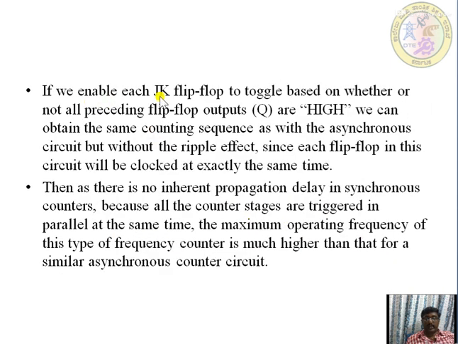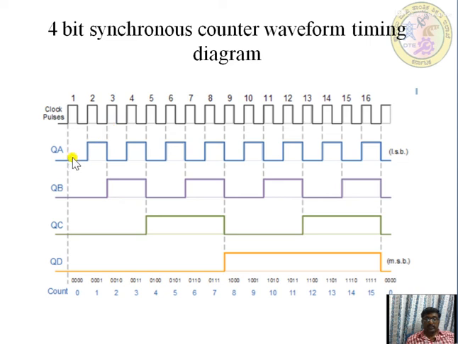If we enable each JK flip-flop to toggle based on whether or not all preceding flip-flop outputs Q are high, we can obtain the same counting sequence as with the asynchronous circuit, but without the ripple effect, since each flip-flop in this circuit is clocked at exactly the same time. Then there is no inherent propagation delay in synchronous counters here, since a common pulse is given.